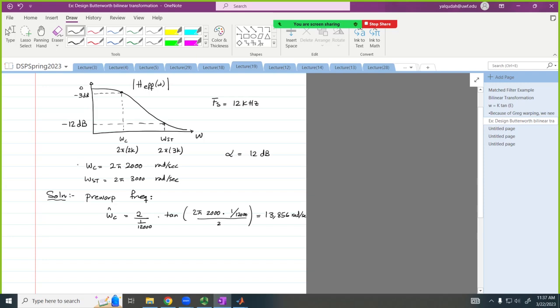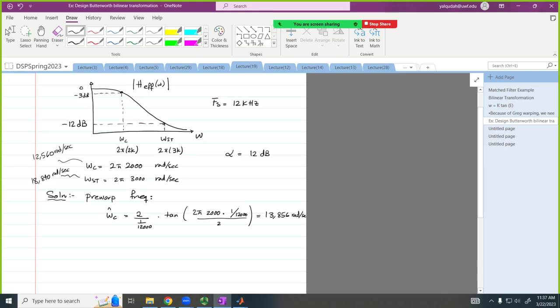What was the original frequency? This frequency is 12,560. It's going to be bigger, yes. And we're going to do the same thing. Omega stop is currently equal to 18,840 radian per second.